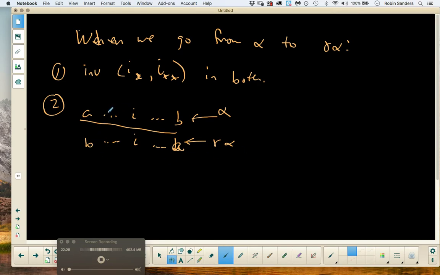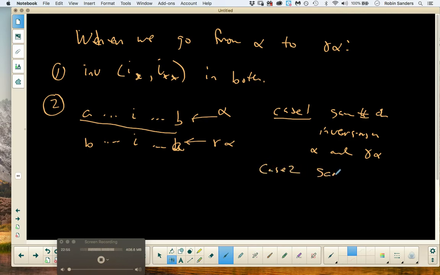What we know here is that in case 1, there was the same number of inversions in alpha and in alpha followed by gamma. And in case 2, there were the same number of inversions in alpha and first do alpha, then do gamma.